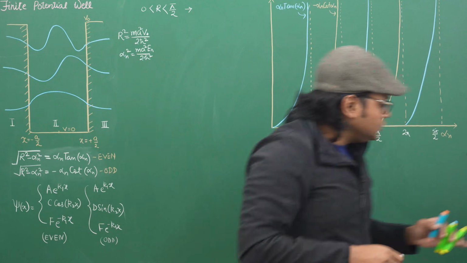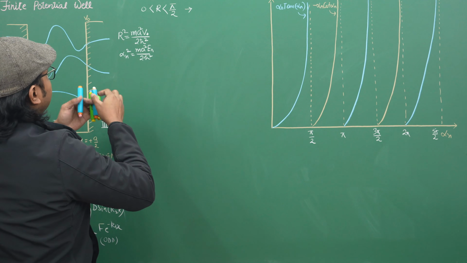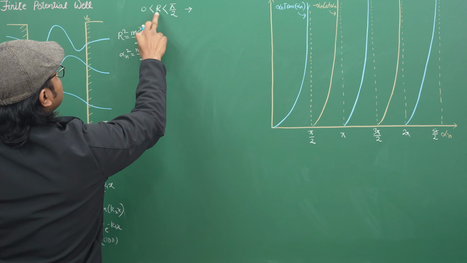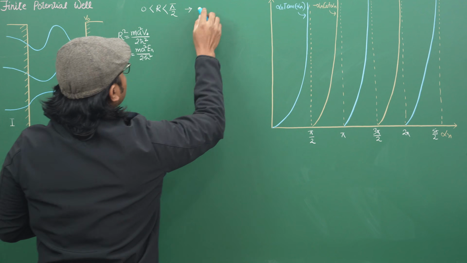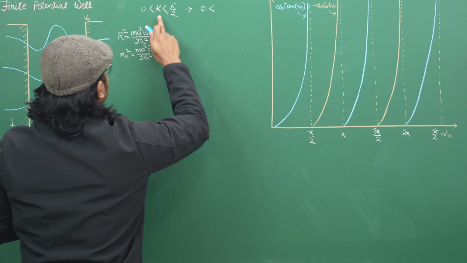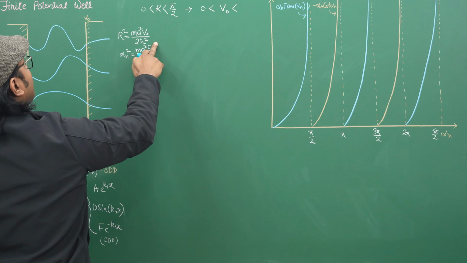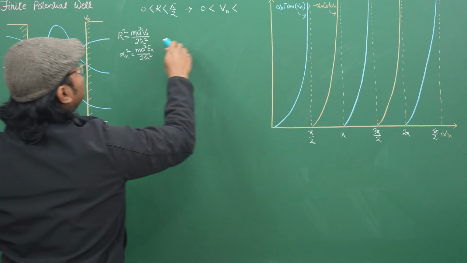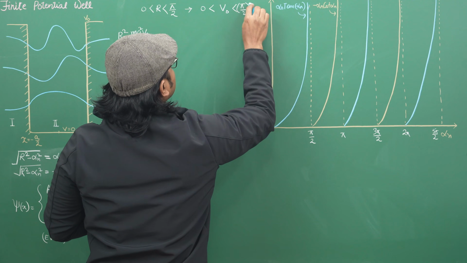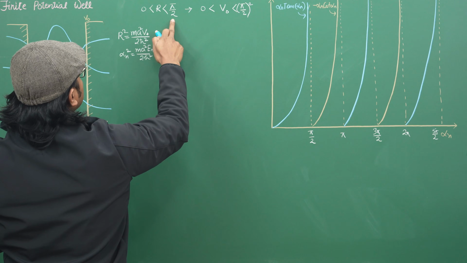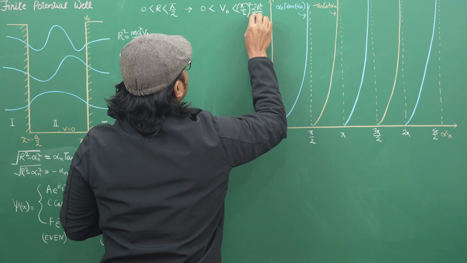Ma squared upon 2h cross squared times V0 is r squared. So if I take the square of each expression, this becomes 0 less than V0, which is less than pi by 2 squared, times 2h cross squared upon ma squared.